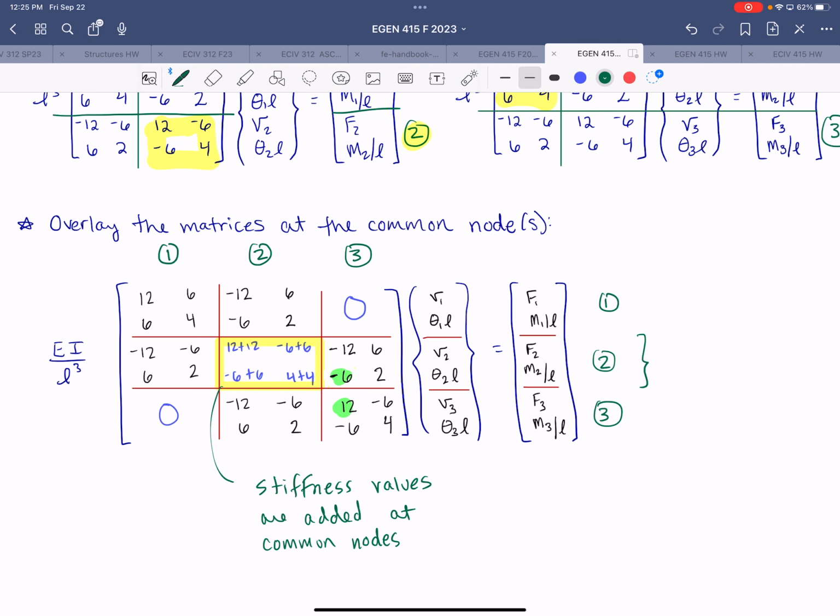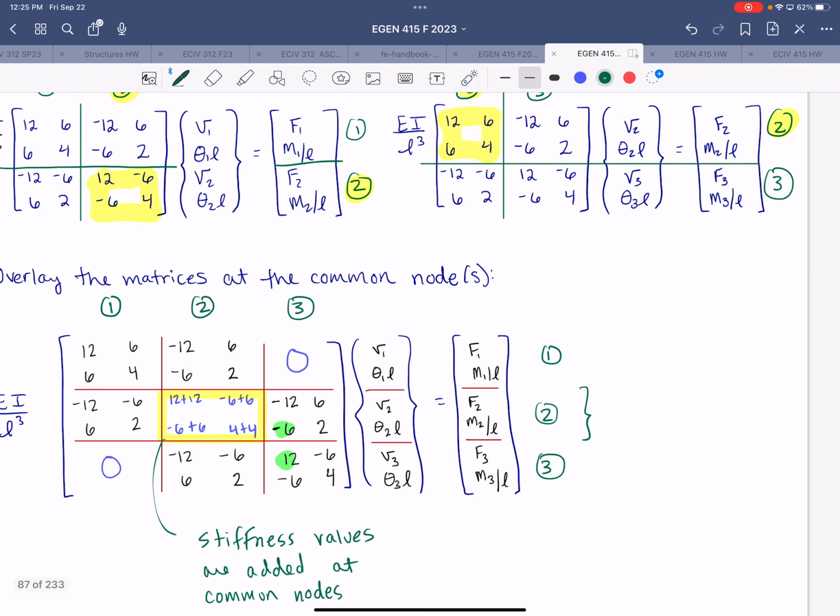And then alluding to what I sketched up above, the force F2 is technically equal to the end member force F21 plus the end member force F22. And M2 similarly is M21 plus M22.